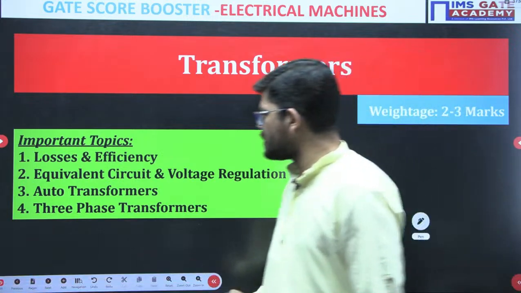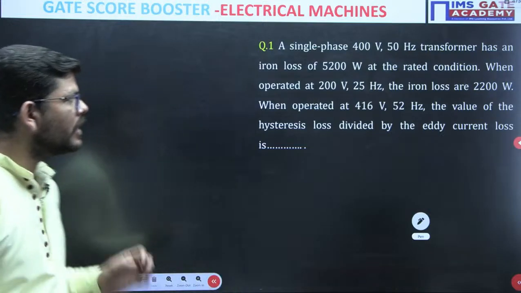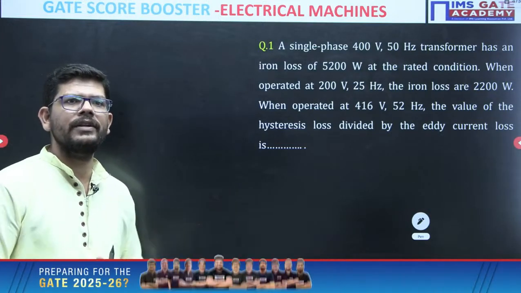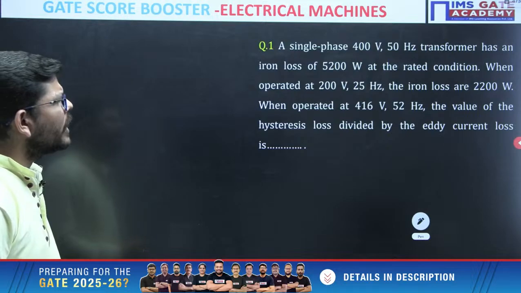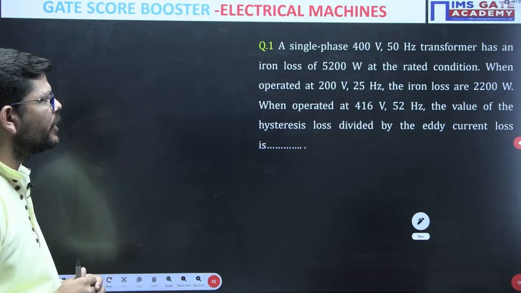Now let us start with the very first question for the day, and this is from the losses. What is given? A single phase 400 volt 50 hertz transformer has an iron loss of 5200 watt.